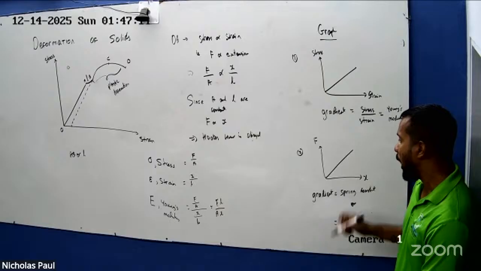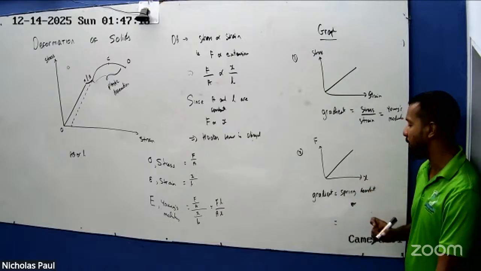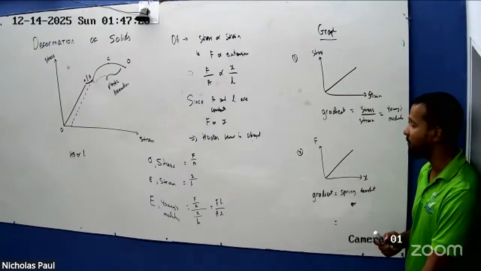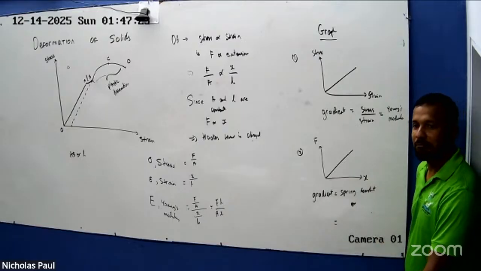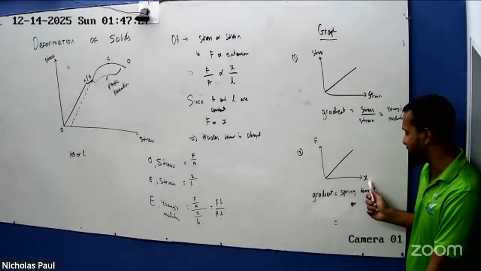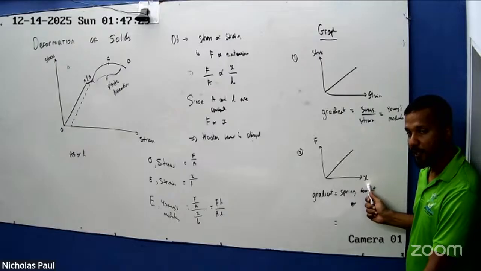So how can this graph help you find Young's modulus? How could a graph of force versus extension help you find Young's modulus?